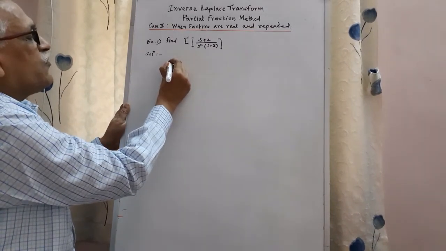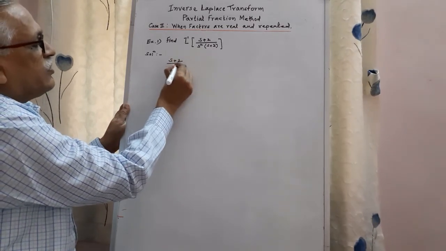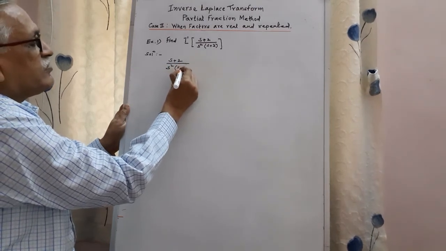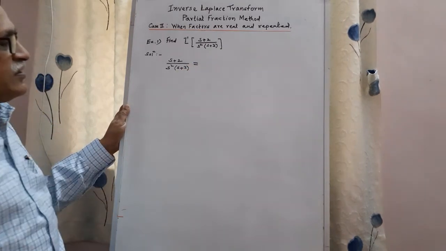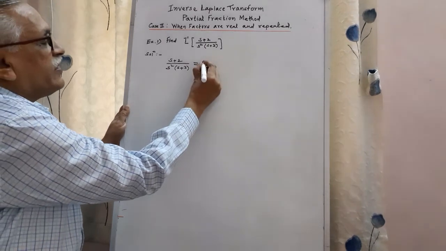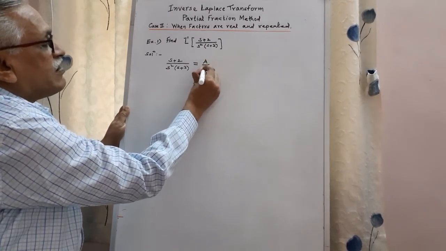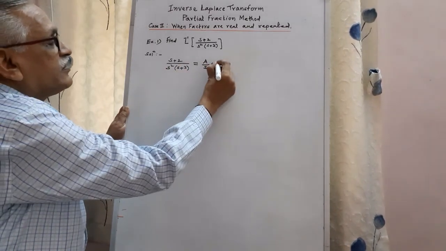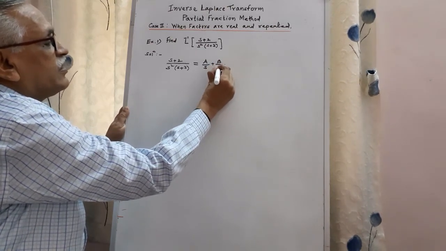Here f bar of s is s plus 2 divided by s square into s plus 3. To write the partial fraction, whenever a factor is repeated we write A upon that factor, then as it is repeated we take the next as B upon s square.